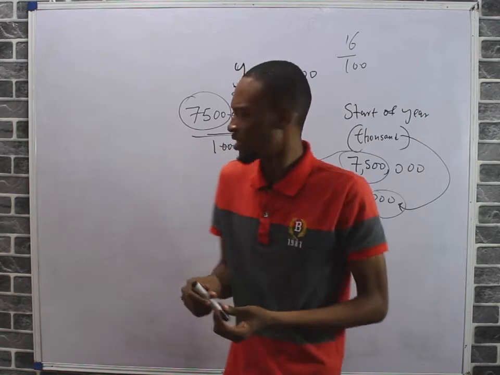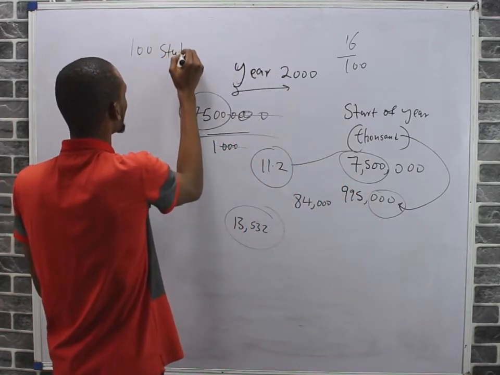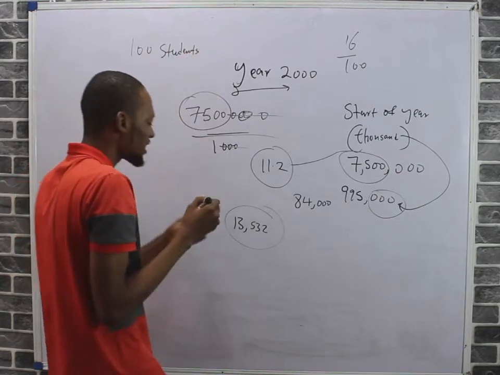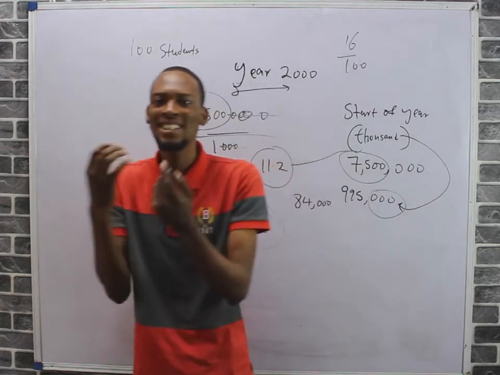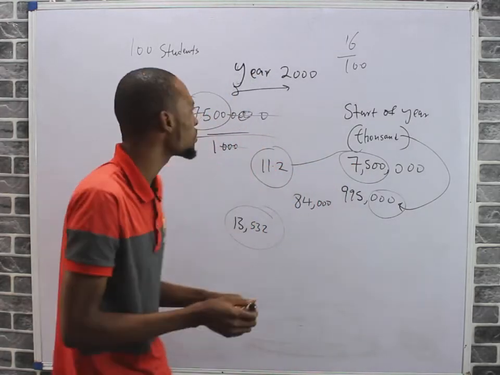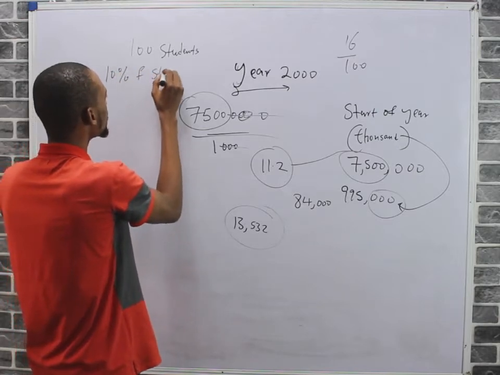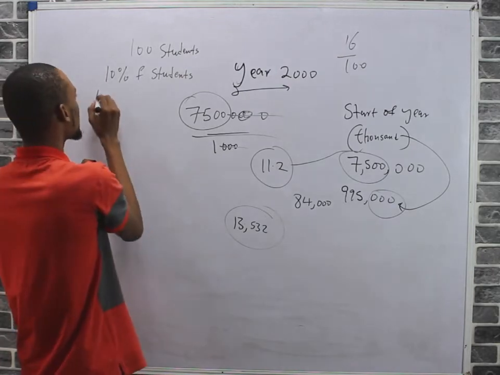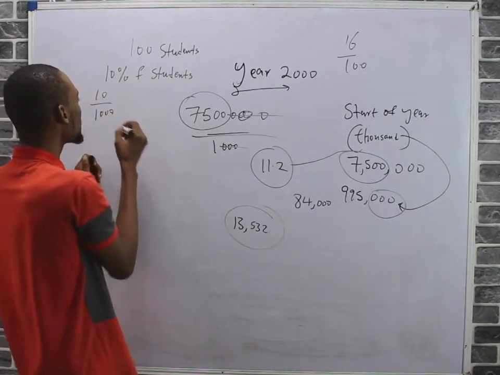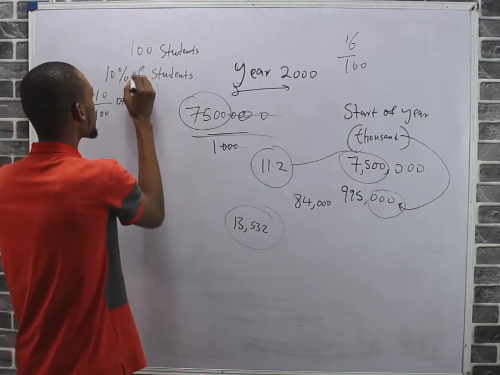If in a class we have 100 students, and they tell you that 10% of the students offer English, 10% of the students is the same thing as 10 over 100 of students, because that is what percentage is about in the first place.